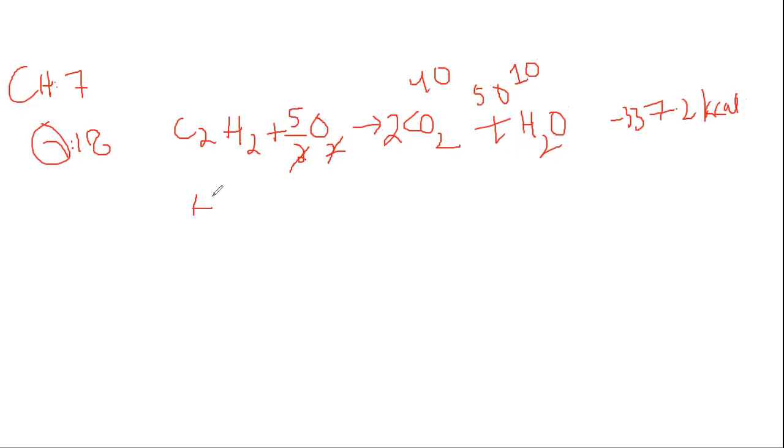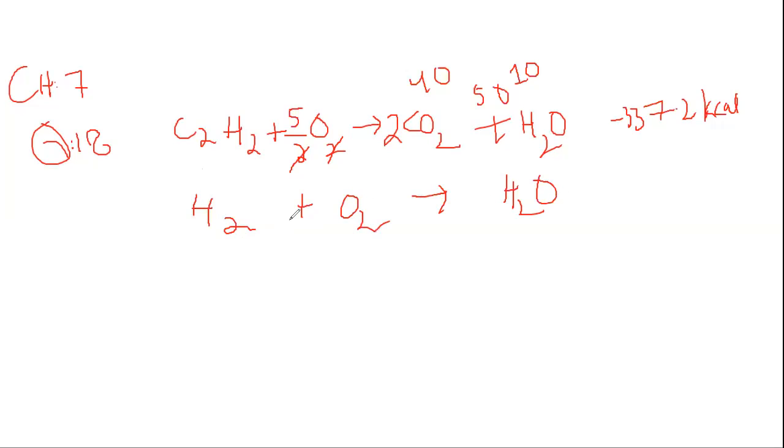Second, heat of combustion is for H2. Burning in the presence of oxygen, it will give you water, no carbon dioxide, because none of the reactants has carbon. So 2 atoms of hydrogen in the product, 2 atoms of hydrogen in the reactant, 2 atoms of oxygen in the reactant, but only 1 atom of oxygen in the product.